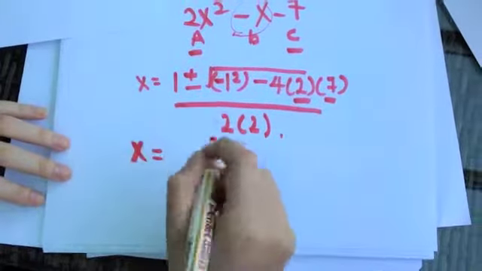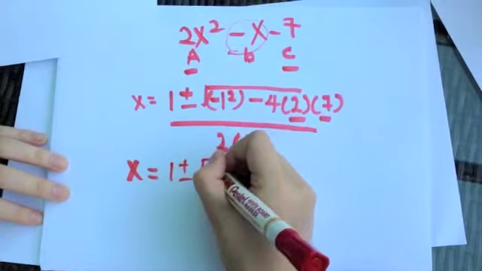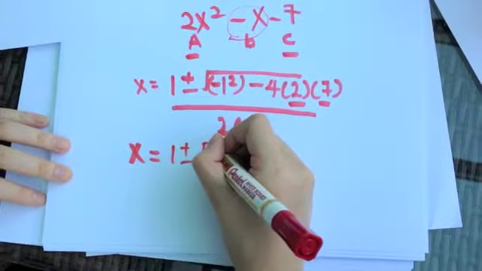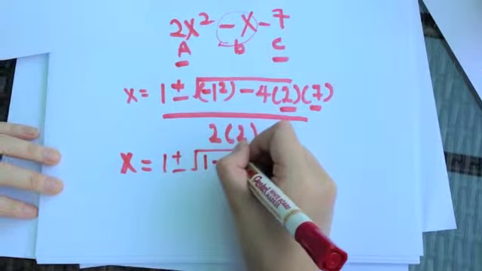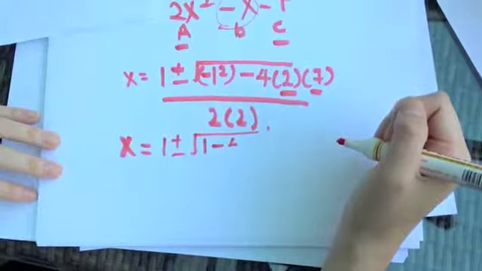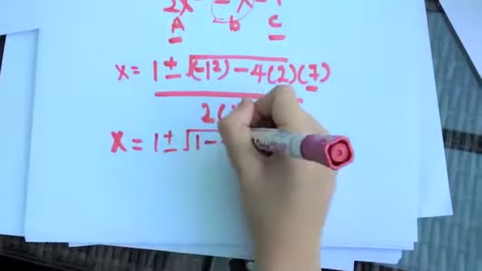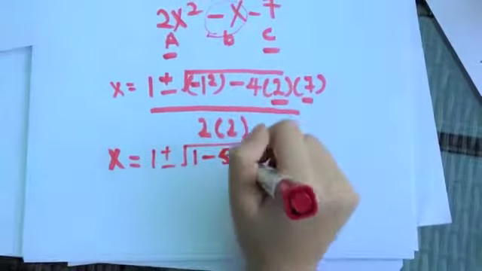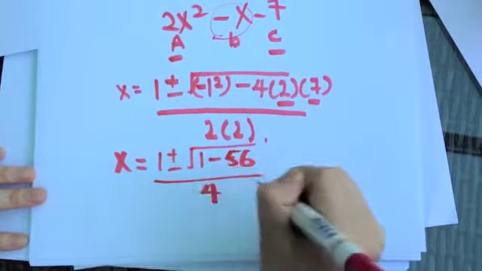So negative 1 squared is 1, minus 4 times 2 is 8, and 8 times 7 is what? 56. Yes, 56. So we'll get 1 minus 56 over 4.